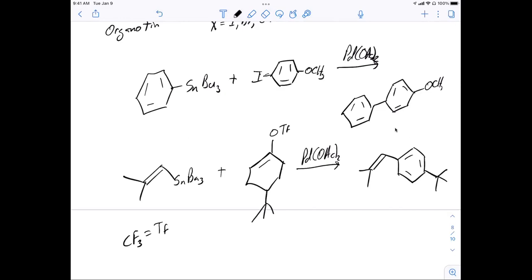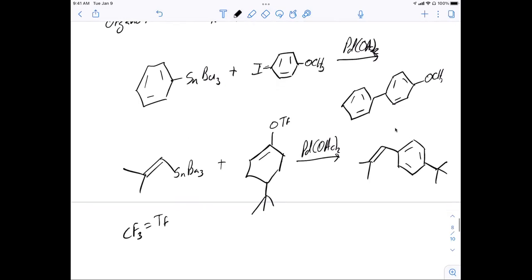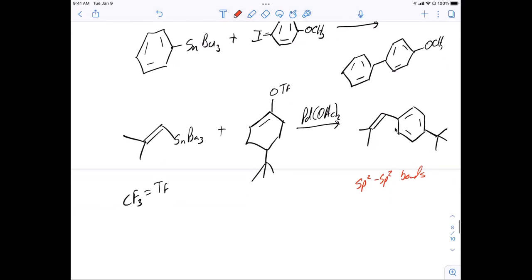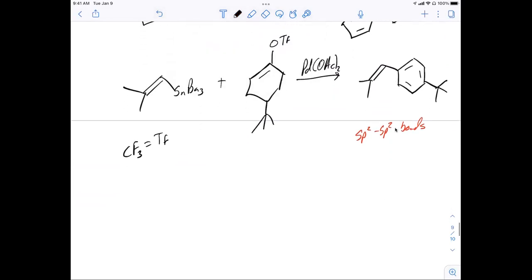So this is a direct coupling process. So these can be pretty selective. Making the tin reagents is pretty straightforward.